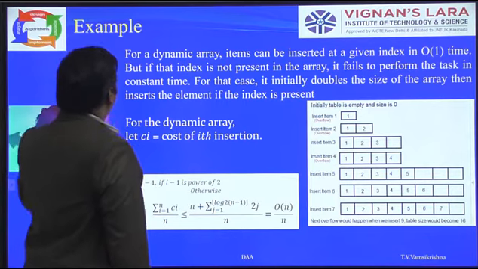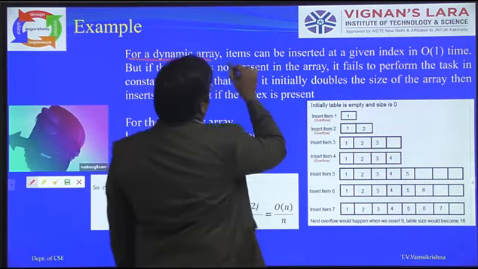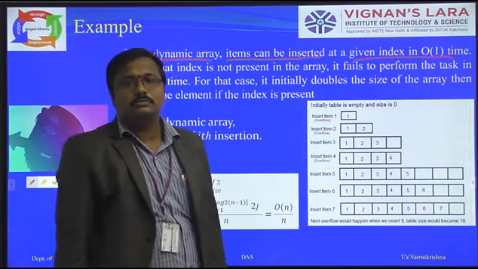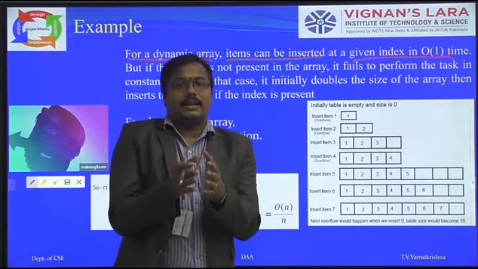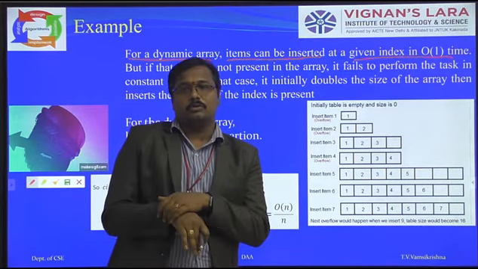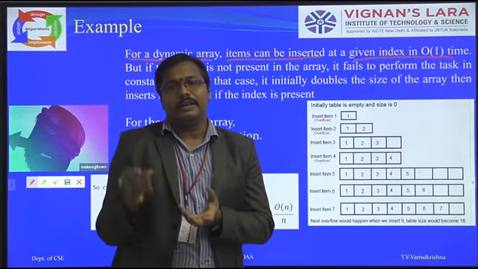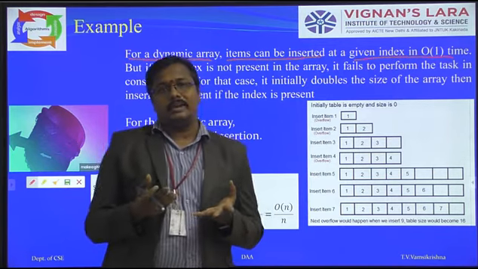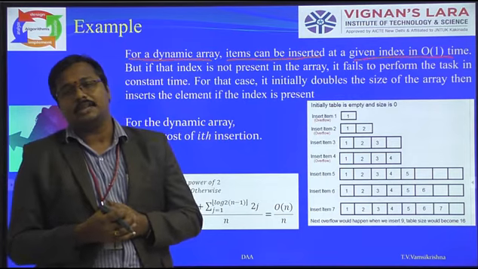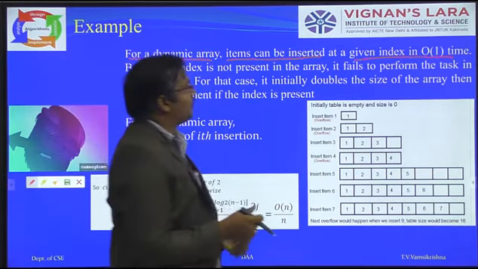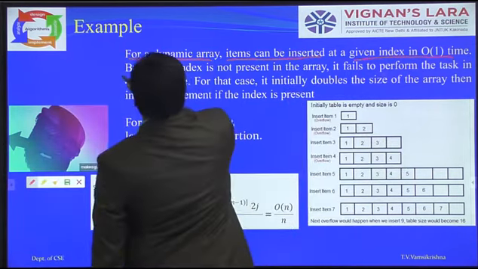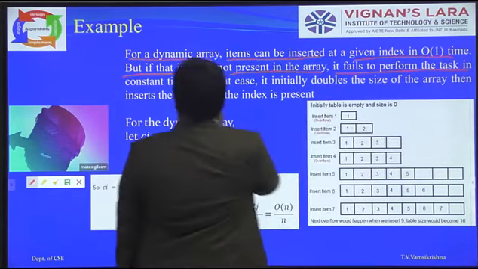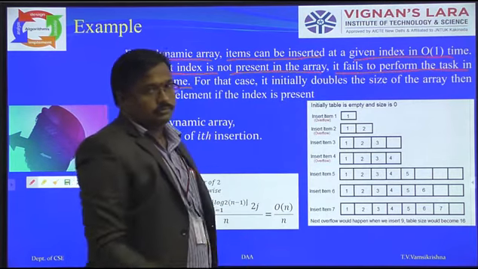So here, in the case of a dynamic array, inserting an item at a given index is big O of 1. We declare an array dynamically, meaning we allocate the memory to the array dynamically, and insert elements one by one. We insert an element directly in the position, so obviously the time complexity for this operation is big O of 1. But if the index is not present in the array, it fails to perform the task in constant time.